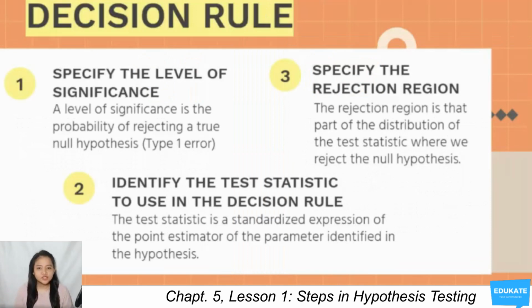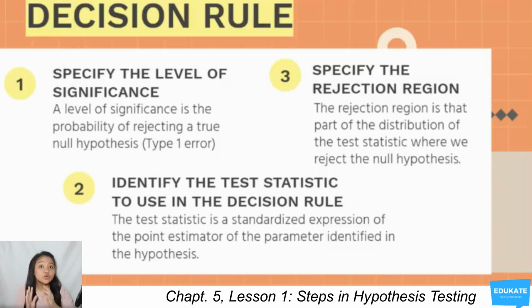So with this, how can we make the decision rule? So your decision rule is composed of three. That's your level of significance, your test statistic to use, and then your rejection region. So the first one is to specify your level of significance. Recalling your level of significance, it's the alpha level from your confidence level. A level of significance is the probability of rejecting a true null hypothesis or the type 1 error.